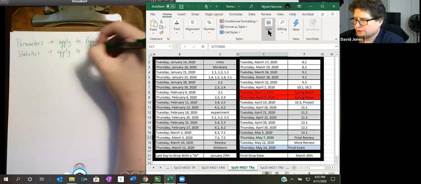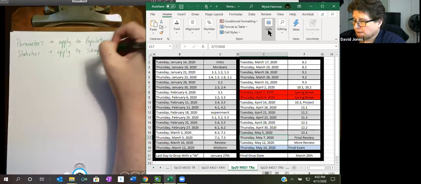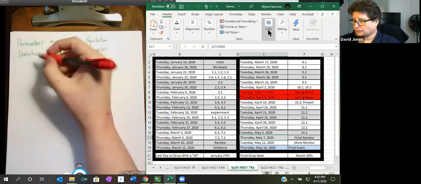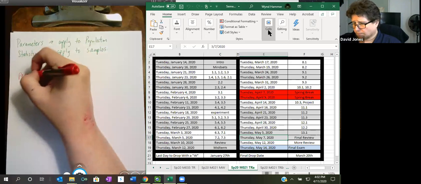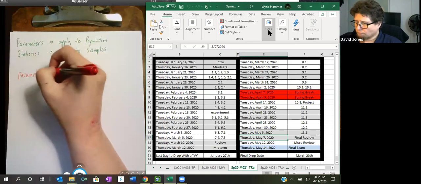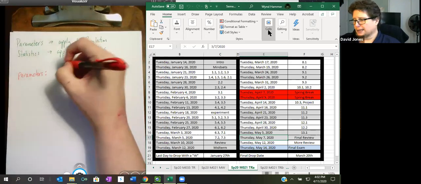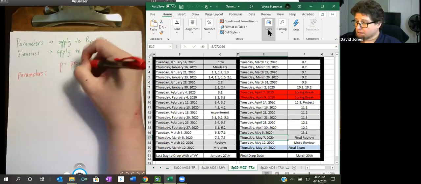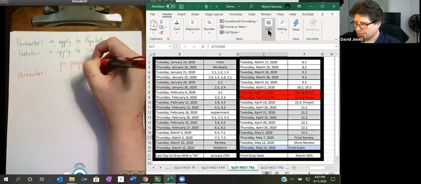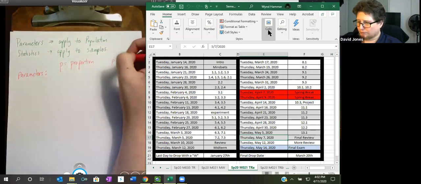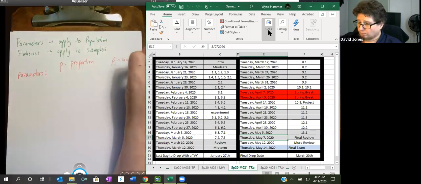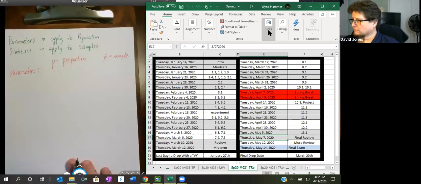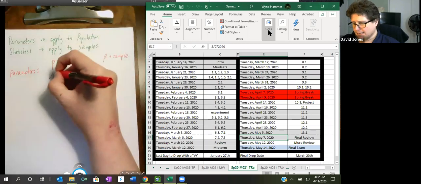And that's why we'd use the different symbols. Our parameters are, well, we don't really change P. We use P for proportion. We tend to use P hat for a sample. We also have our mean, mu.